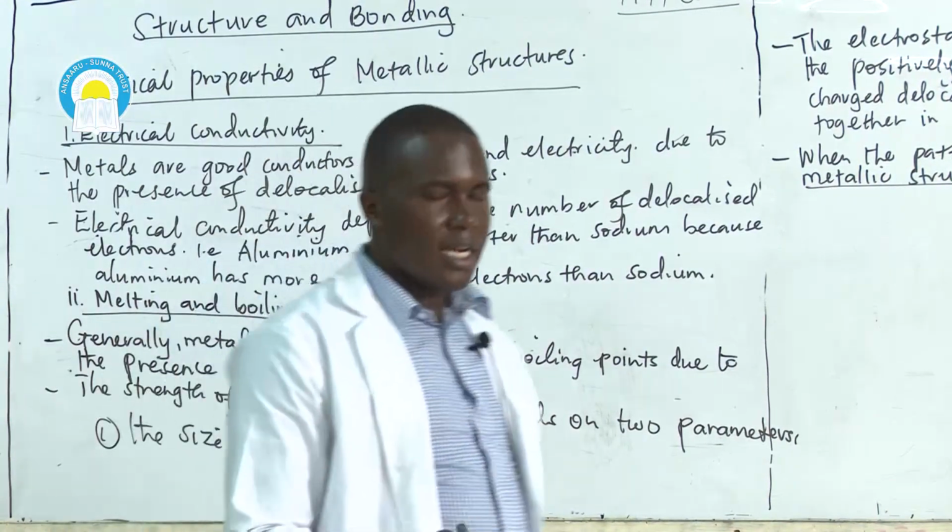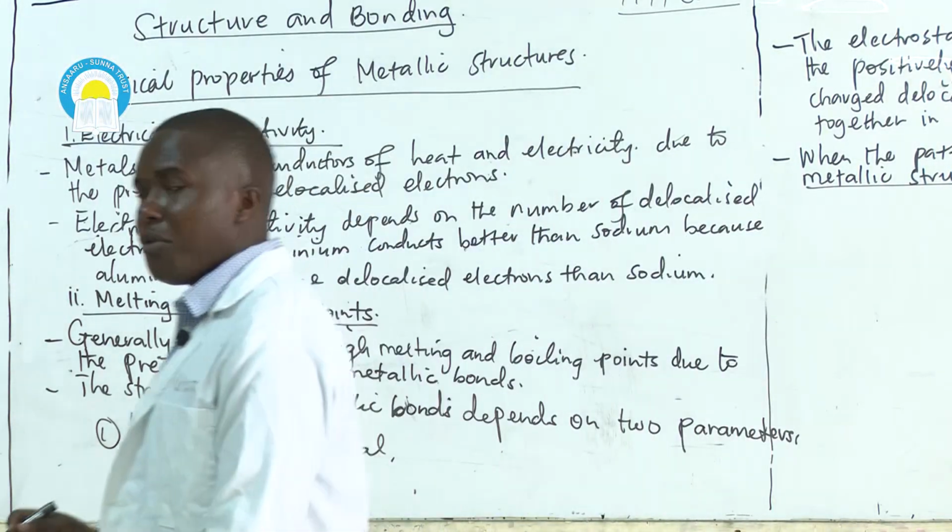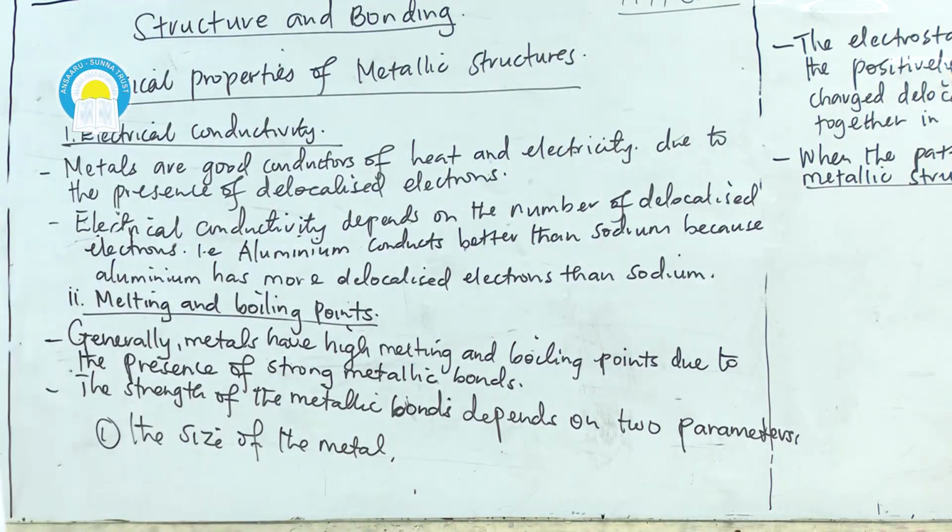So just to discuss a little about the size of the metal, when the size of the metal increases, the strength of the metallic bonds weakens.